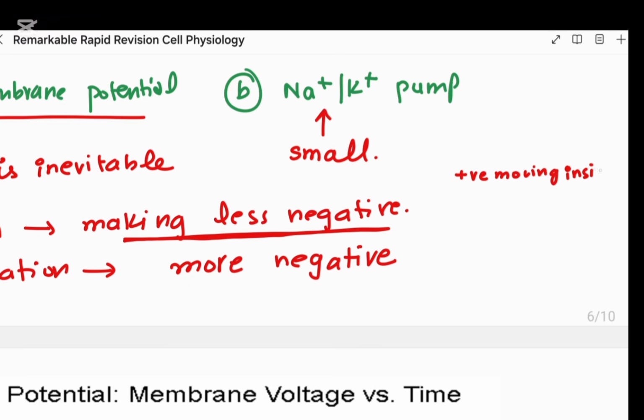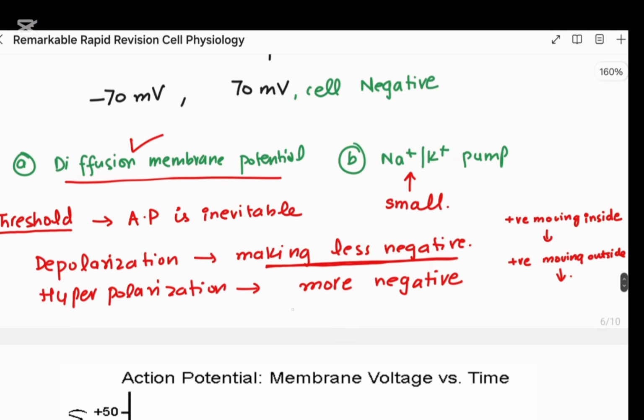If the positive charges are moving inside, we can say that it's an inward current. And if the positive charges are moving outside, it's an outward current. And one last thing about the action potential: it follows the all or none principle.